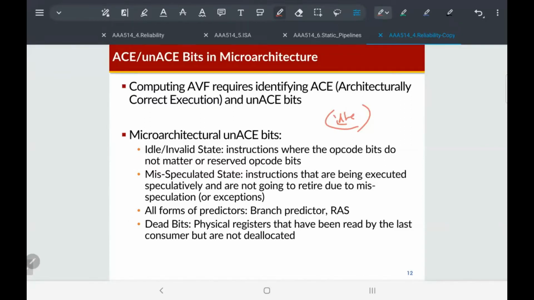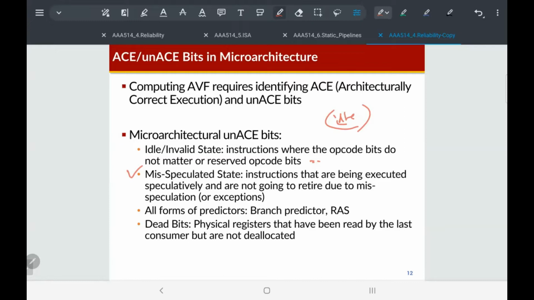In this case, even though some bits are changed, if the bit changes do not change the states of our FSM, it's not harmful. Okay, another example of un-ACE bits is misspeculated states. Speculation is critical for performance, but even though the speculation fails, it's not harmful for the result of our computer system, right?